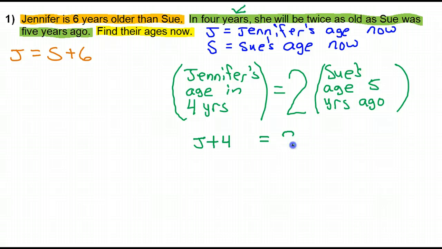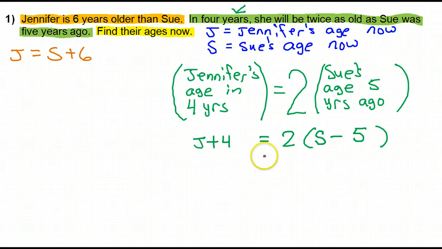And that should equal 2 times Sue's age 5 years ago. Now S is Sue's age now. 5 years ago would be S minus 5. So now I have an algebraic equation without all the words in it, but it's still saying Jennifer's age in 4 years should be double Sue's age 5 years ago.